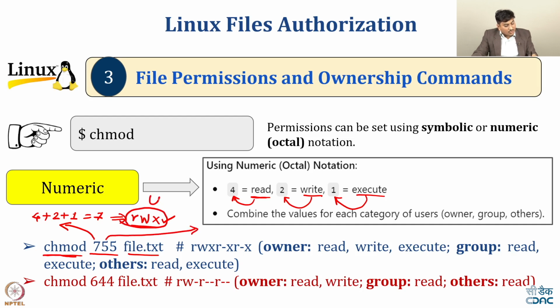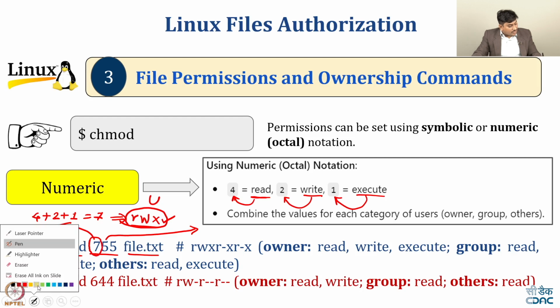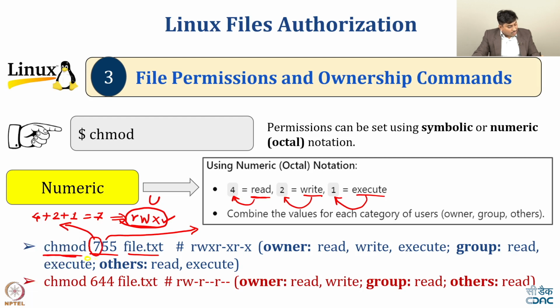This is for the user or the owner of that particular file. So the very first character is associated with the owner. The second character is associated with the groups, and the third one is with respect to others.